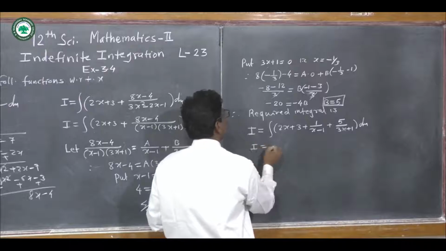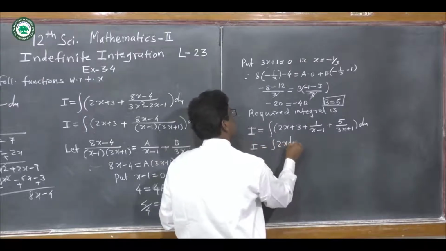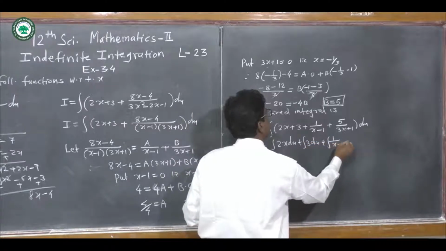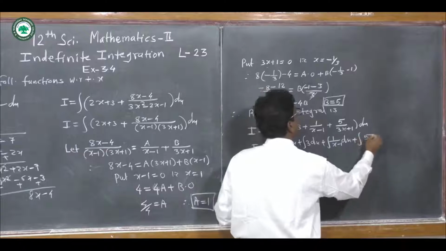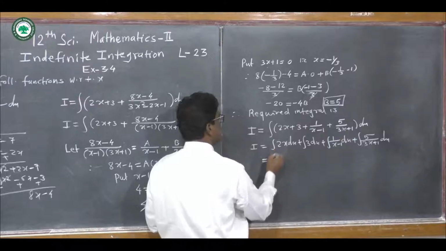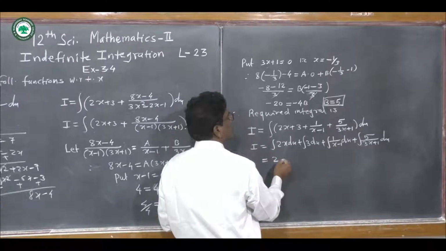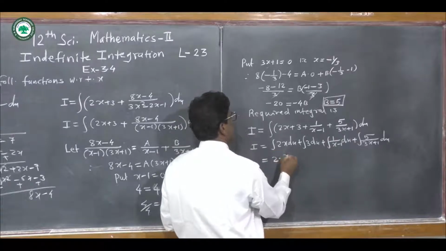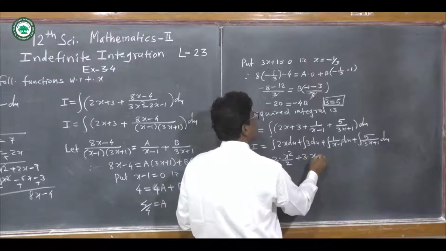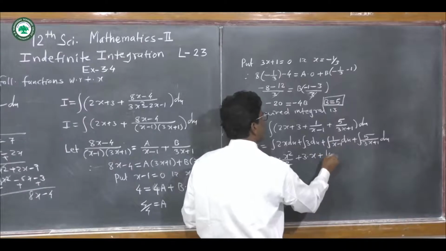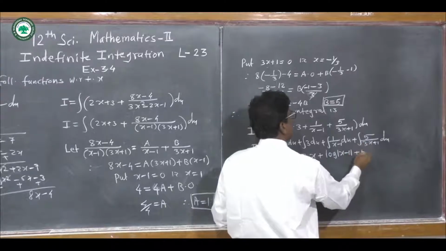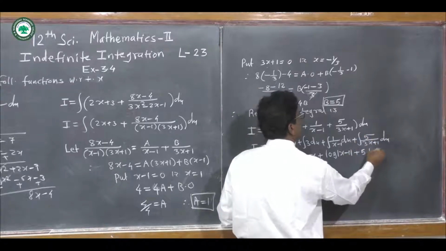So I is equal to integration of 2x dx plus integration of 3 dx plus integration of 1 upon x minus 1 dx plus integration of 5 upon 3x plus 1 dx, and so it is equal to 2 into integration of x dx, that is x square upon 2, plus 3 constant, integration of 1 dx is x, plus integration of 1 upon x minus 1 is log of x minus 1, plus 5 constant, and integration of 1 upon x is log of x.